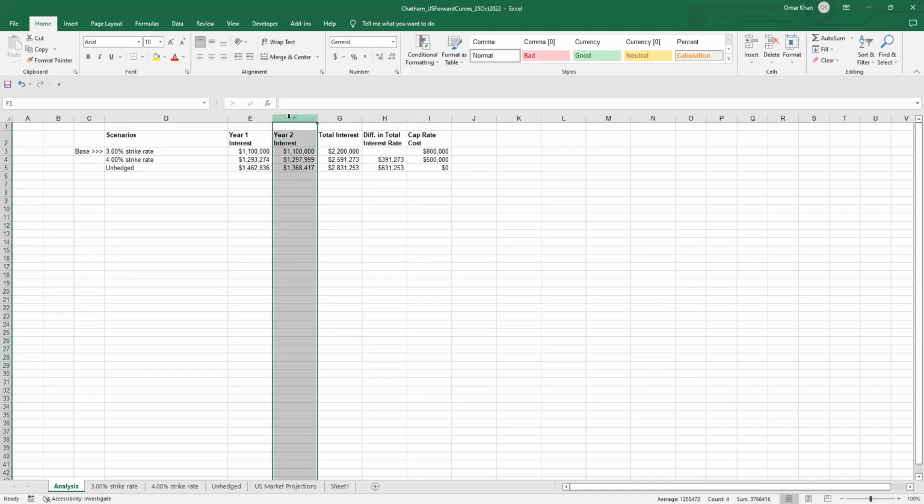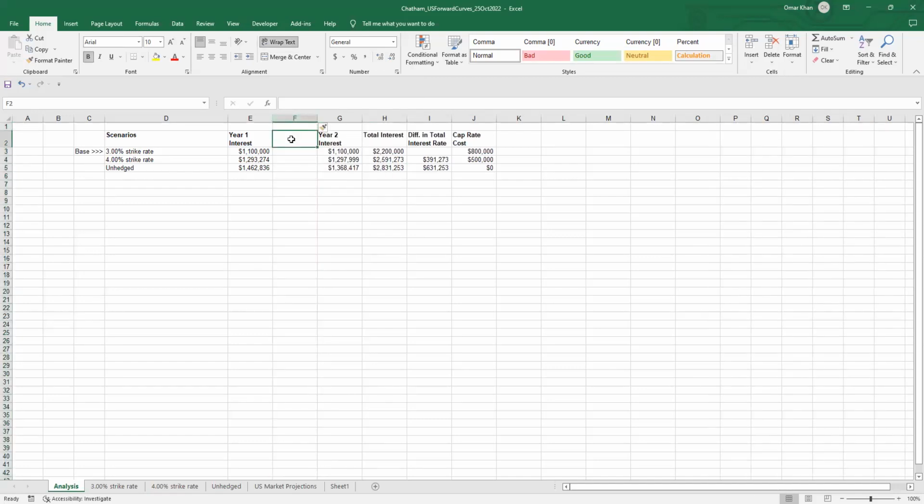We can do the same thing, difference in year one interest, right? Do the exact same thing. Go 1293 minus 1.1 anchored, right? So in year one, as an example, if we had a 3% strike rate, if we bought a rate cap at a 3% strike rate, and that's our base case scenario, but now we buy it at a 4% strike rate, we're going to end up paying $193,000 more in year one versus our base case scenario of 3% strike rate.